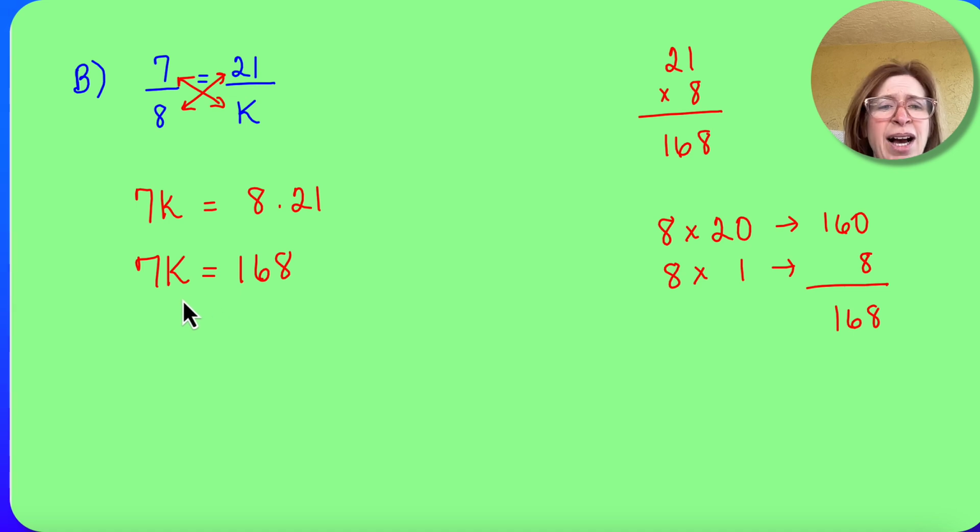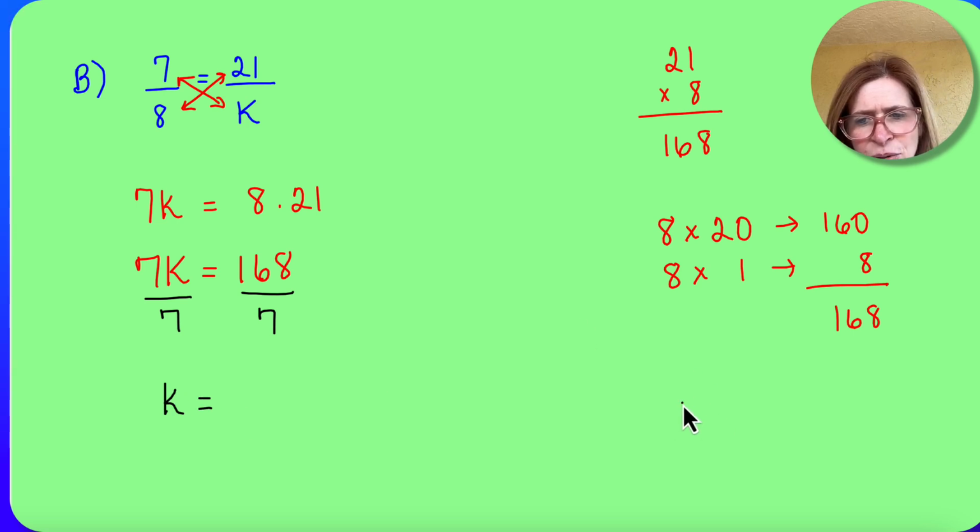All right, now I have to solve for k. So 7 is being multiplied to k, so I need to do its inverse operation. So I'm going to divide both sides by 7. All right, so k is going to equal. Now I have to go off to the side and do the division. So that means 7 goes into 168 how many times? The standard algorithm here is 7 goes into 16 2 times.